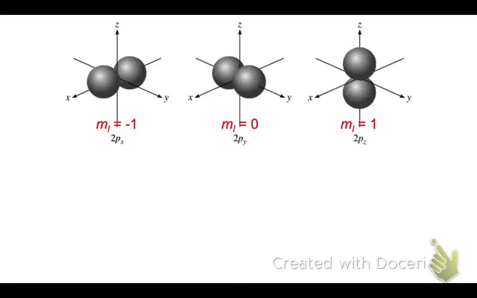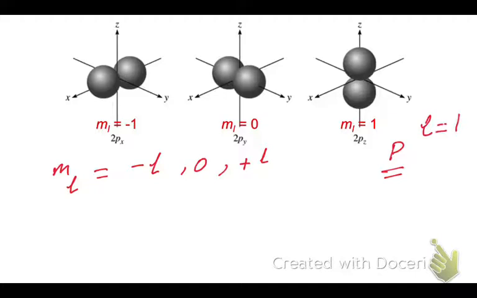Remember, ml takes a value from negative L, passing 0, all the way to positive L. When it comes to a P orbital, L equals 1. So therefore, ml values will be negative 1, 0, and 1. Each one of them represents a separate orbital. Every ml value represents a separate orbital.